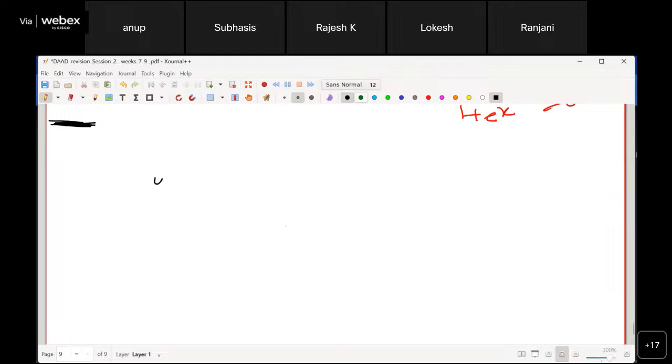So what is this y? Log 101, 11 power log 101, so this is 101 power x power 5 minus.